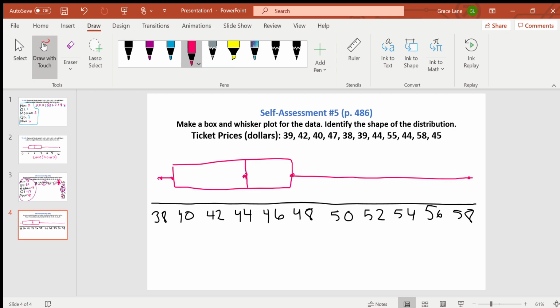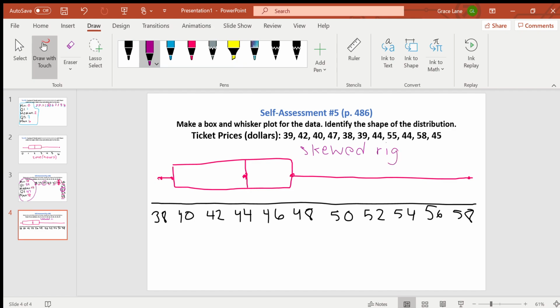From this, you should see that a lot of your data is farther over to the left, which means that the majority of your data are the lower values. If you're looking at the shape of this graph, we would say that it is skewed to the right.